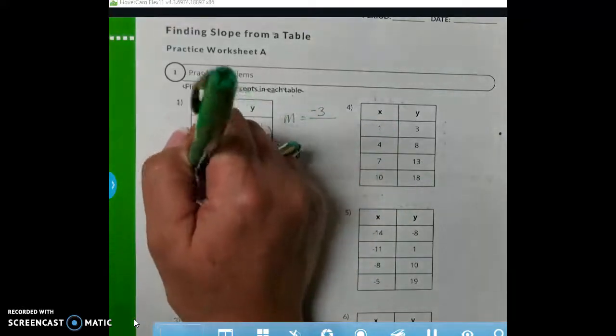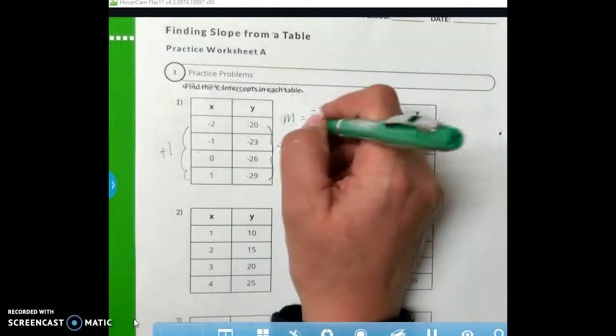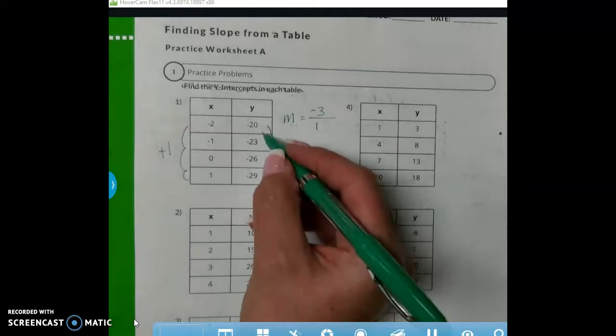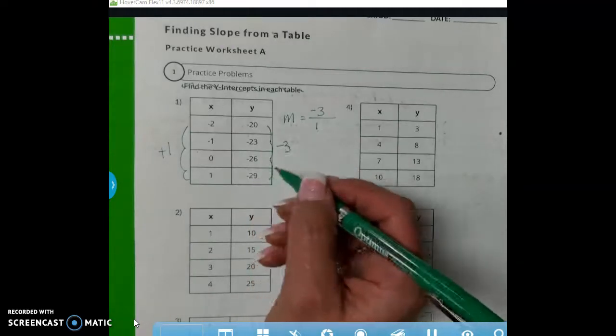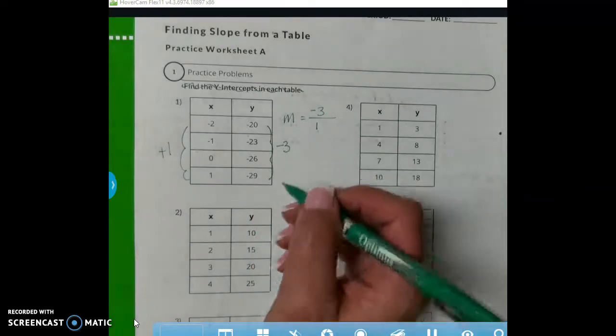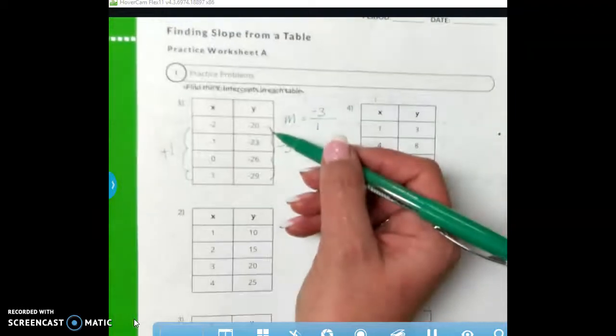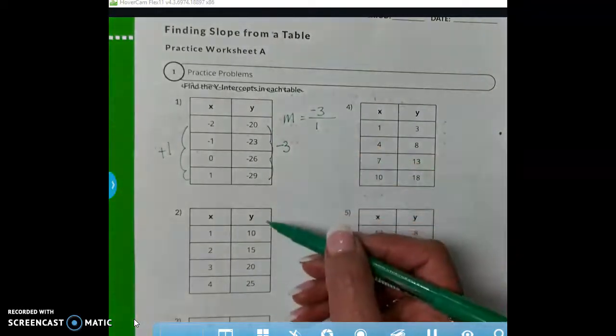Oh, they are increasing. Here's your slope. Again, you want to make sure that your pattern continues. Sometimes it might not be this obvious, so double check every set of numbers. I didn't just stop at the first one. I went through several examples.